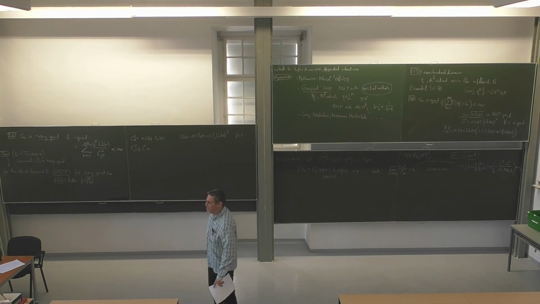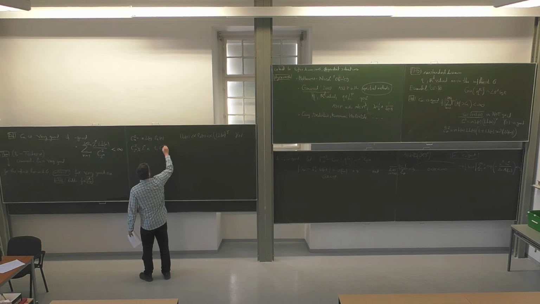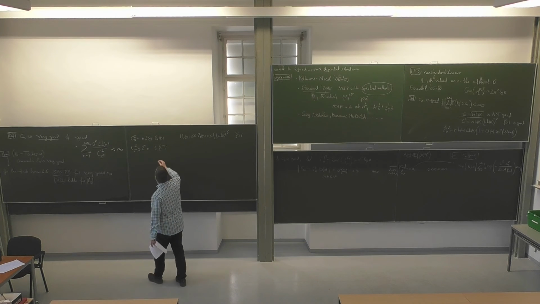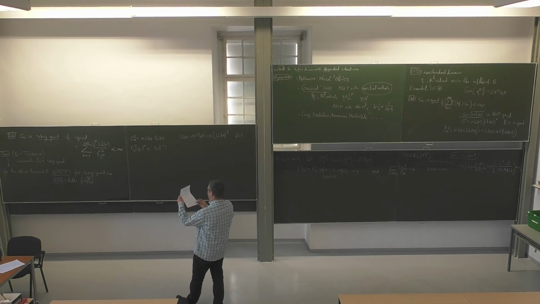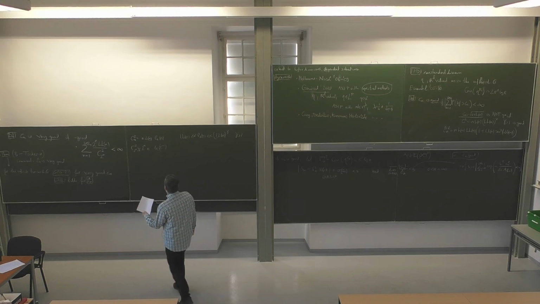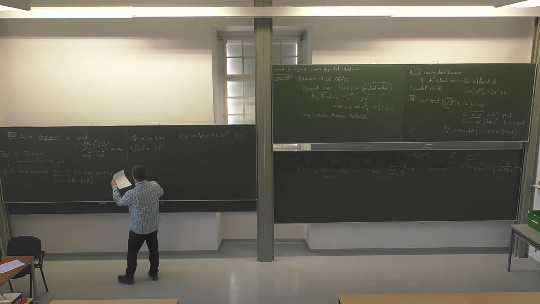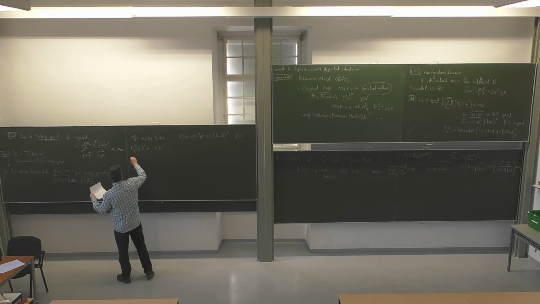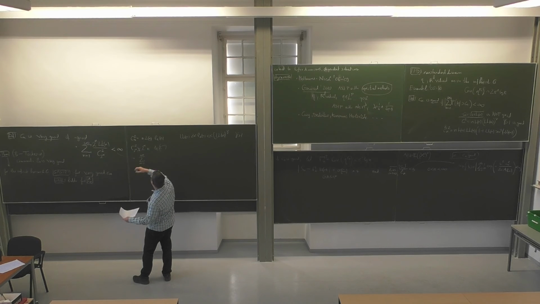And you have an L1 of 2 to the n. Then this condition will reduce to the sum over n from 1 to infinity, where the 2 to the n cancels.